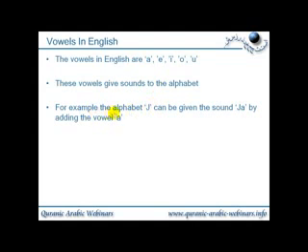For example, the alphabet J can be given the sound Ja by adding the vowel A. So here we're just trying to demonstrate that you have the actual alphabet, which is called J, and by adding a vowel, that's when you really get a sound with the actual alphabet. So that is the purpose of the vowels. They generally give the sounds to your letters, or what are known as consonants.